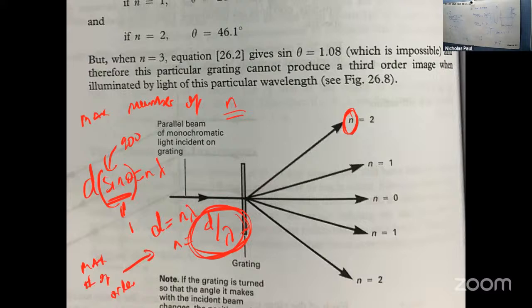Do me a favor, for this question, divide d on lambda. Tell me what you get. d was 1 on 6,000, and lambda was 6 by 10 to the minus 7.